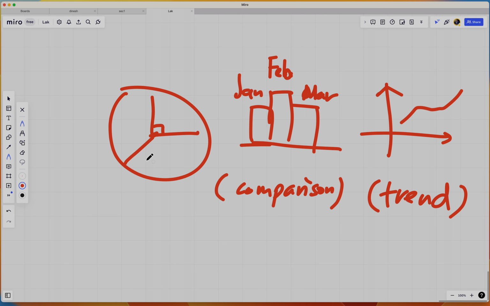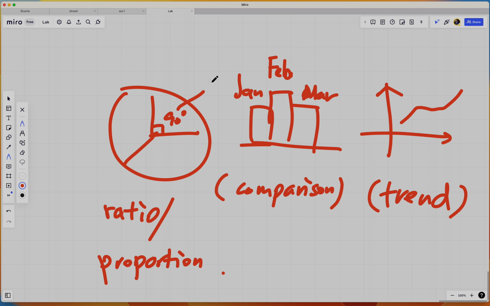Then this one is for when you want to see the ratio or the proportion. Let's say this is 90 degrees, then you know this is a quarter, right? If I tell you this is 180, that means this is half, right? So it's very easy for you to see the ratio or the proportion.